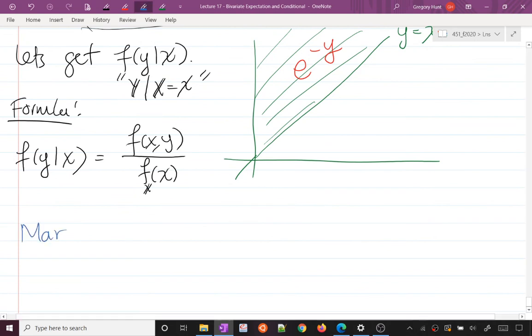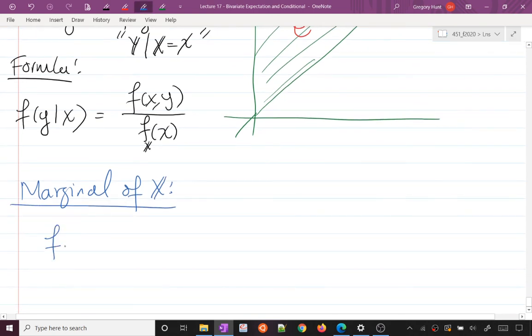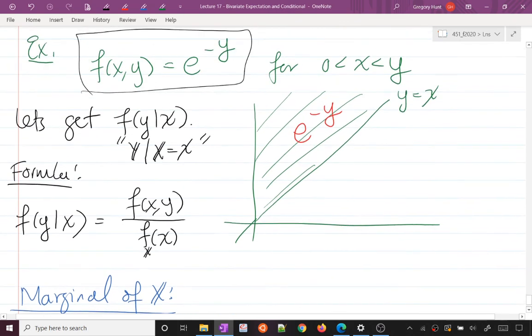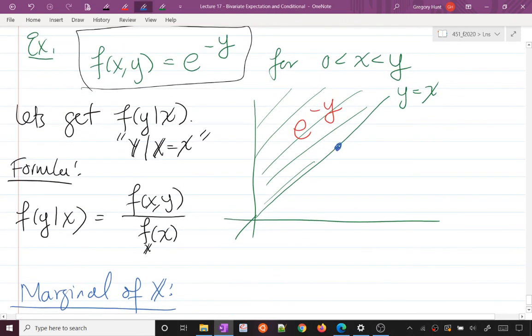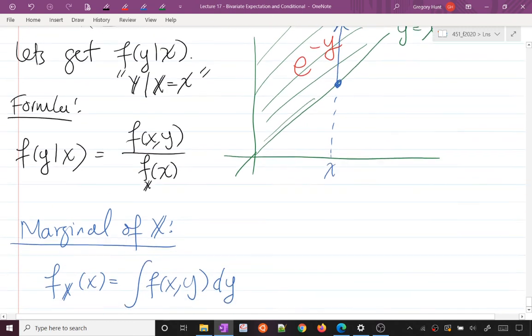So the marginal of x, say f_X of x. What do we do? We take the joint, remember from last lecture, and we integrate out y. So at some value x, we're integrating from x to infinity.